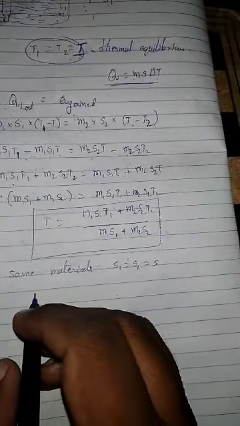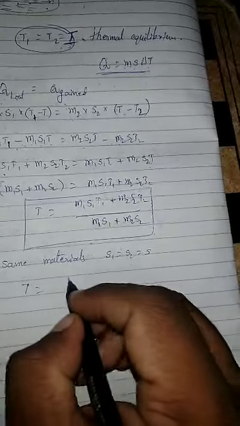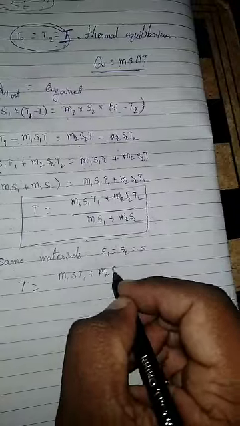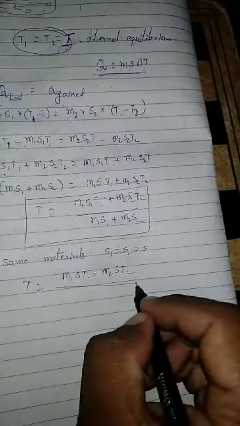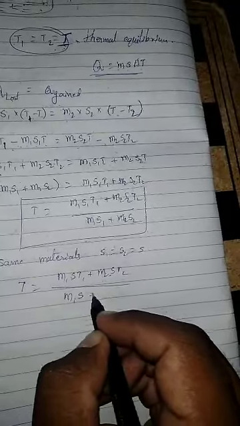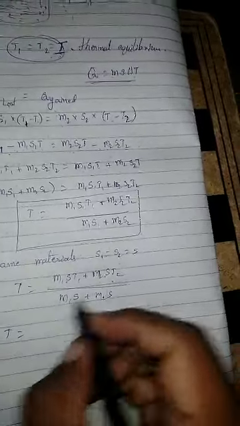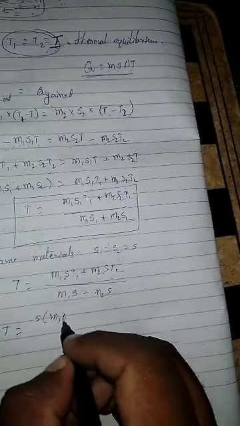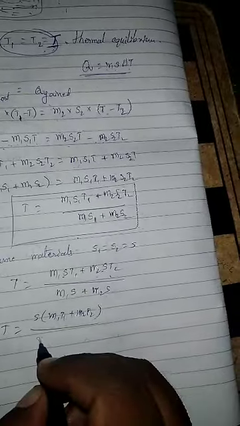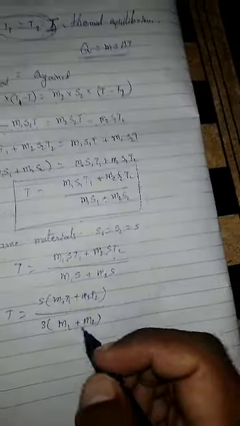So in this situation, T is equal to (M1 S T1 plus M2 S T2) by (M1 S plus M2 S). From the numerator S is common, M1 T1 plus M2 T2, and from the denominator S is common, M1 plus M2.